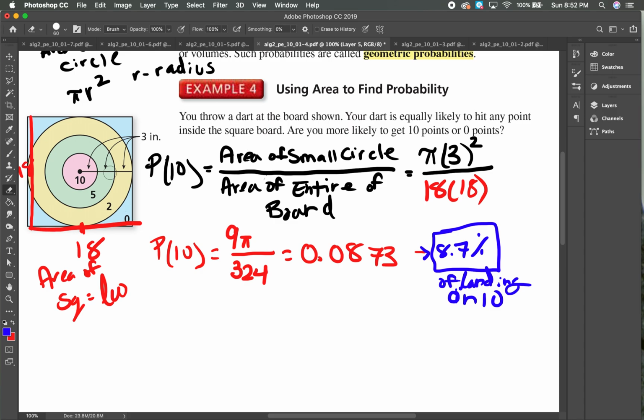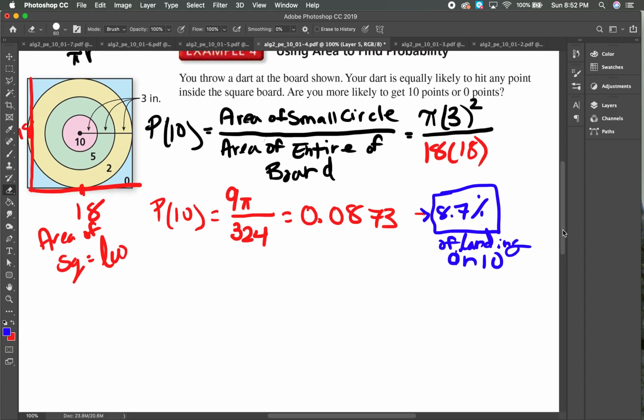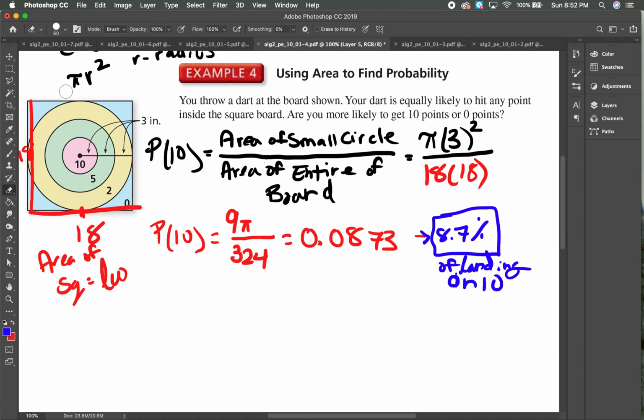Now the next thing it wanted me to do was compare it to getting 0 points. Real quick, I'm just going to clean this off a little bit so we can see it better. Looking at the 0 portion, 0 is all of this light blue stuff outside all of this.